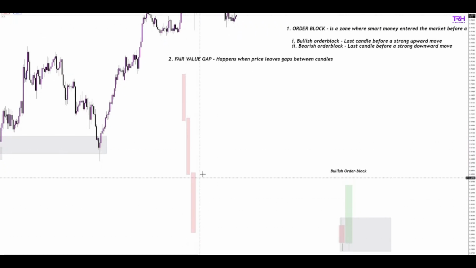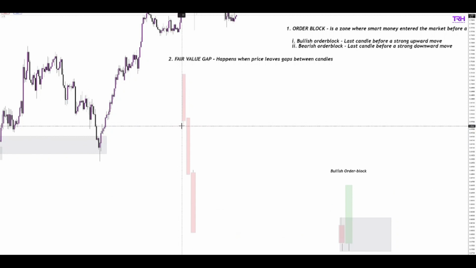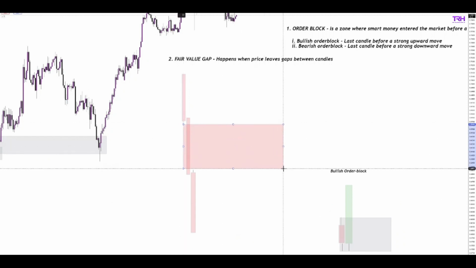Price moves too fast, leaving a gap between candles. What do I mean by a gap between candles? Price moves too fast because this is like an impulse movement, and there is a gap between candles. So this is the gap that we're talking about.